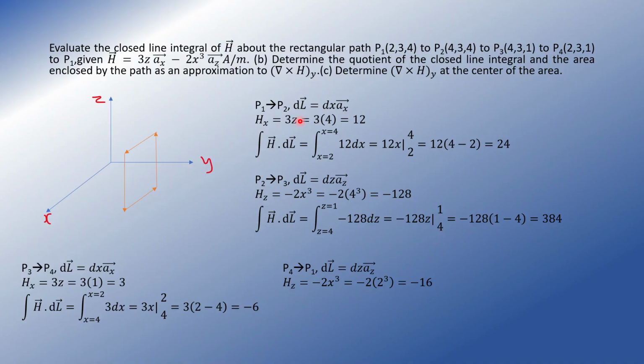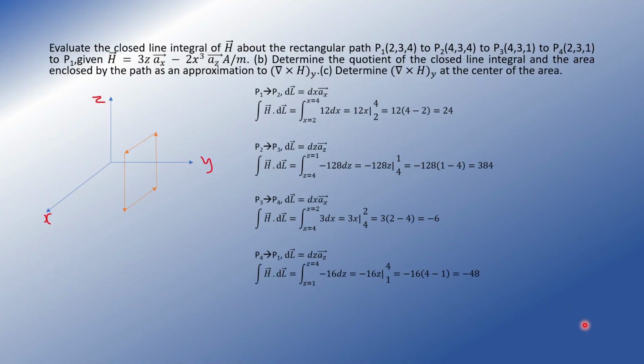Now that we have evaluated the line integrals for P1 to P2, P2 to P3, P3 to P4 and P4 back to P1, we have to add all this together in order to find the total H dot dl. So P1 to P2 is 24, P2 to P3 is 384, P3 to P4 is minus 6 and P4 to P1 is minus 48.